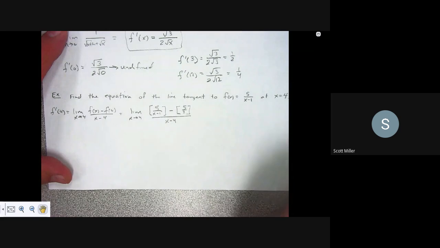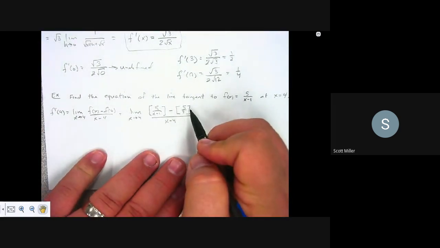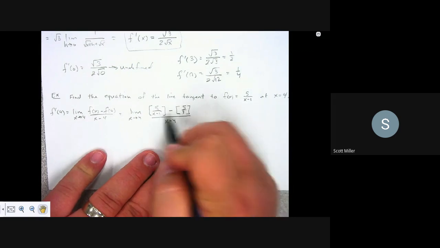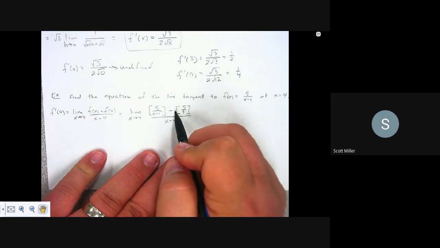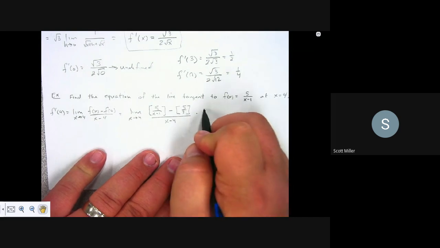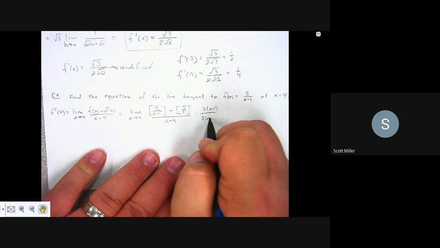So now it's about cleaning up the top. Okay, if you remember back in our pre-calc in Algebra 2 days, we need to find the LCD, which is 3 times this, multiply the top and bottom by it to get rid of the fractions on top. And the LCD in this case is going to be 3 times x minus 1. So we're going to multiply the top and the bottom by that.